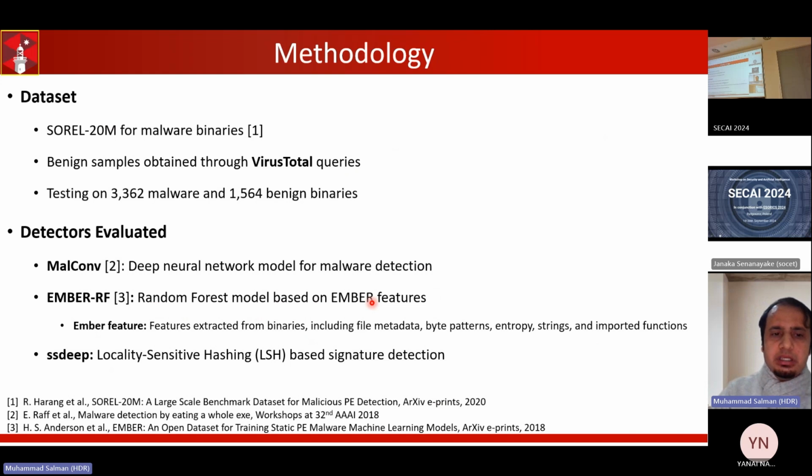The EMBER features are a comprehensive list of features extracted from binary files, including features from its metadata, byte patterns, entropy, strings, and imported functions. Importantly, we include locality sensitive hashing, such as SSD based signature detection, in our evaluation.